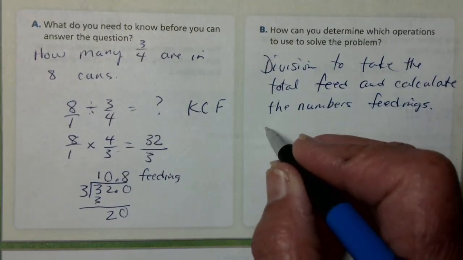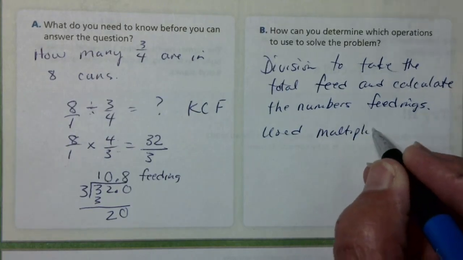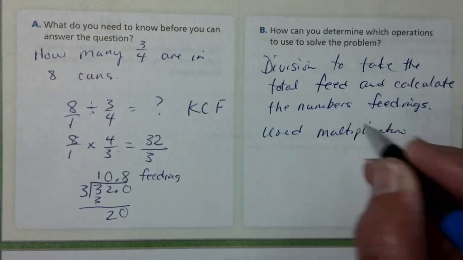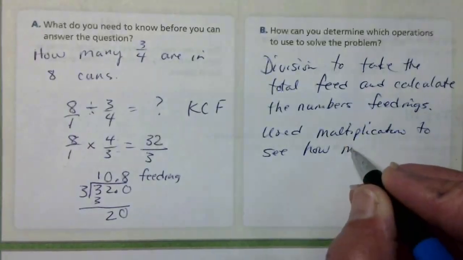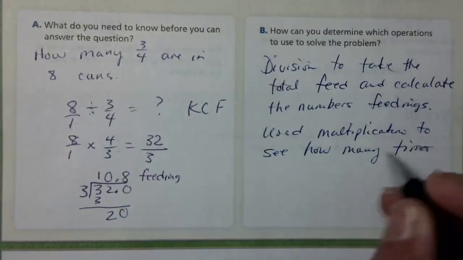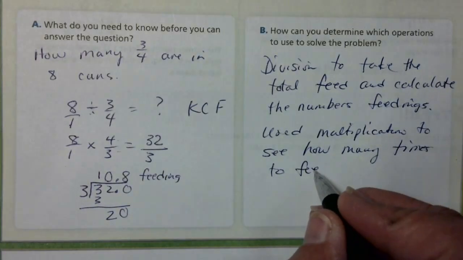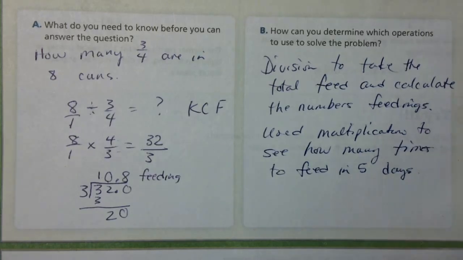We also used multiplication to see how many times to feed in 5 days. So we use division and multiplication to solve this problem.